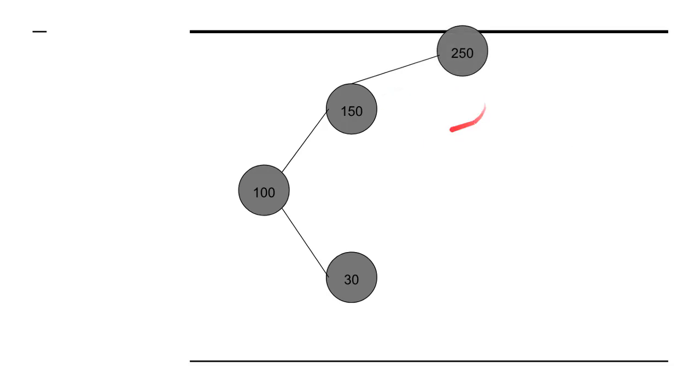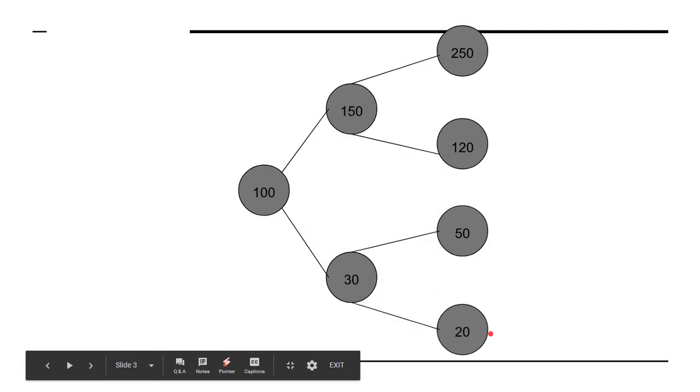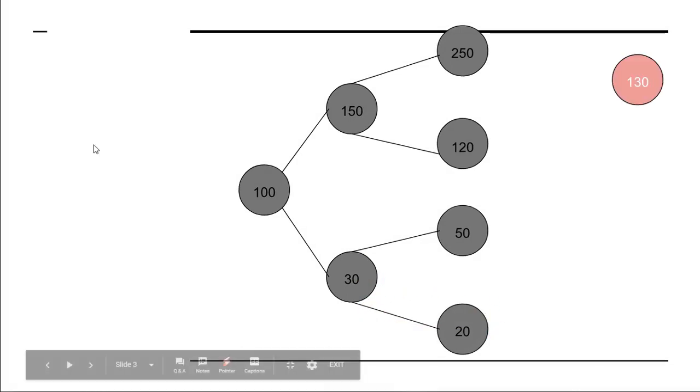If someone says he ate higher than the guy who ate 150 cookies, he'll sit at a position higher than him. Similarly, if someone says he ate less than 150, he'll sit at a lower position. This applies to each and every node, so here also the same rule applies.